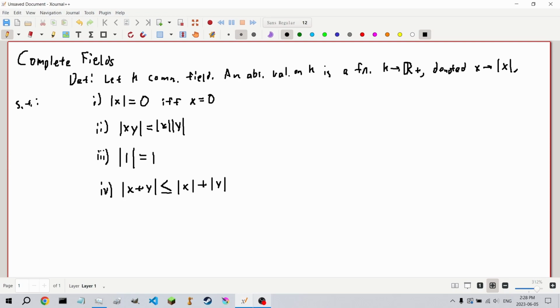And so there's 3 standard examples we look at when we talk about absolute values.